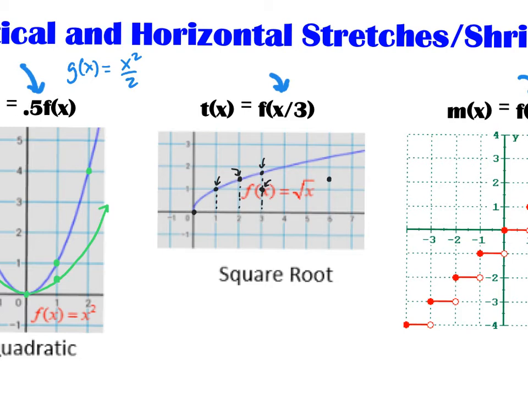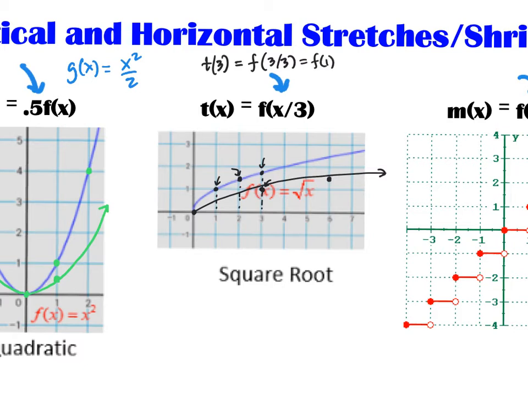So check out this new graph. It's been stretched by a factor of 3. So t of 3 should be equal to f of 3 over 3, which is f of 1. Let's see if that's true. So f of x is the blue graph.